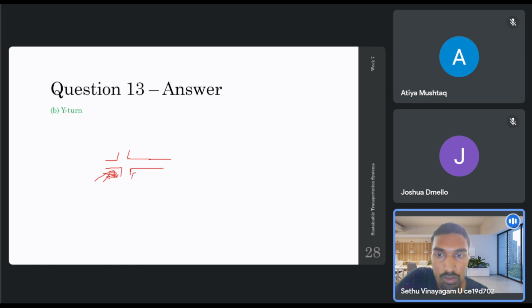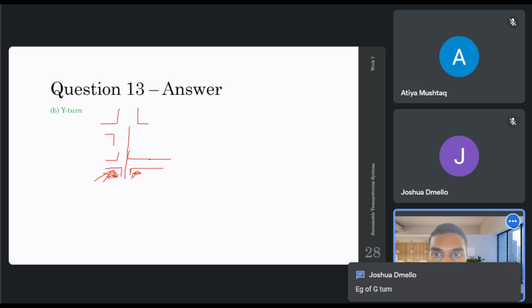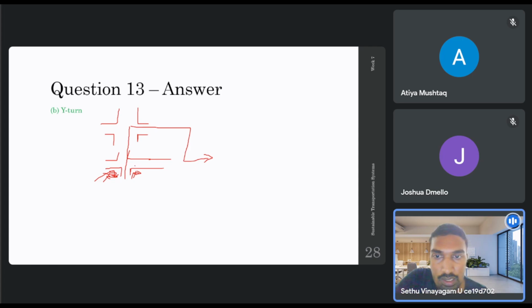If people wanted to turn right from the south, and we want to restrict it, then in a T turn, we let them go through, and let another intersection with a bigger capacity handle this right turn. So they'll come here and go this way, right? Instead of turning right at this particular intersection, they are diverted to another intersection where they will make a turn, come back, and then make this right turn. So that is a T turn.